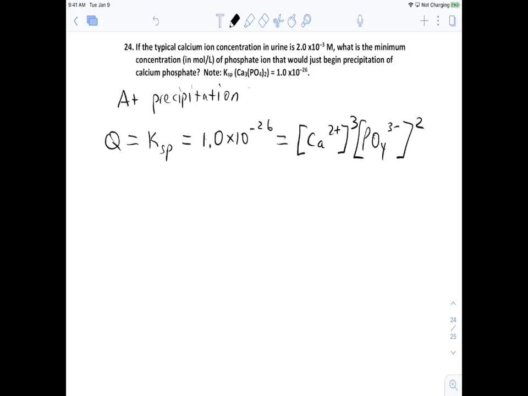All right. Now what do we know here? We know that the urine has calcium at 2 times 10 to the minus 3, so we can plug that in for the calcium, cubed. What we're looking for is the phosphate concentration.